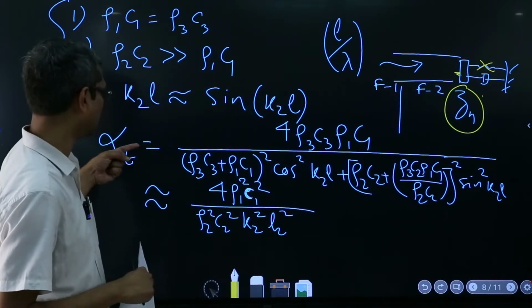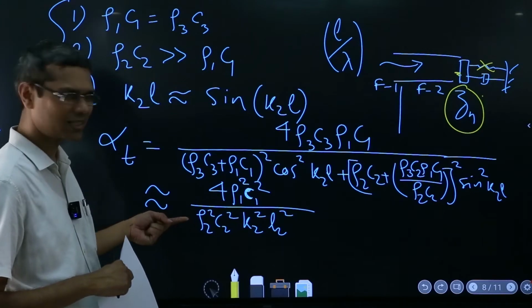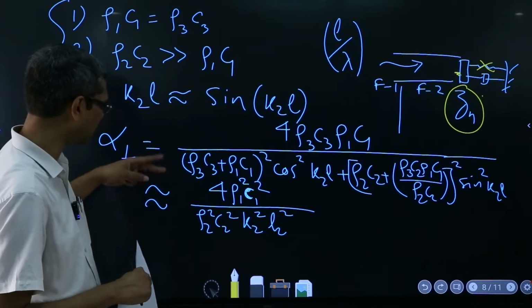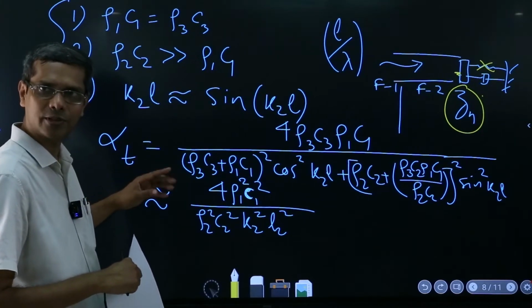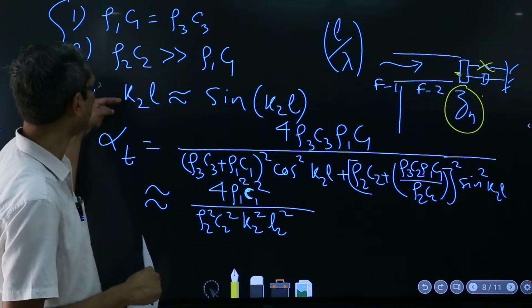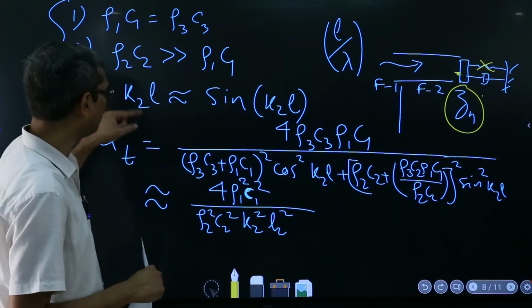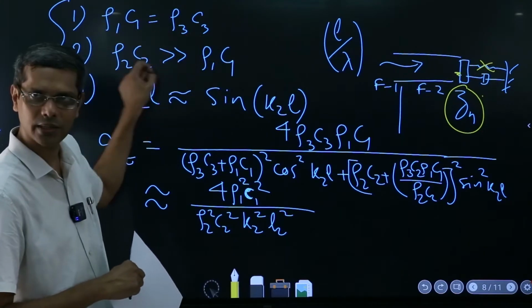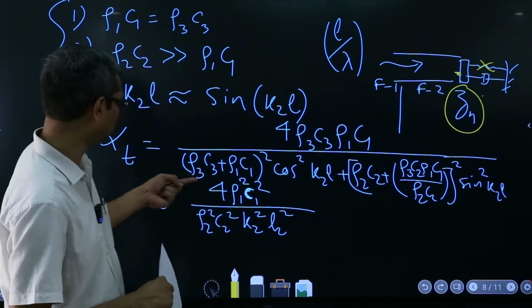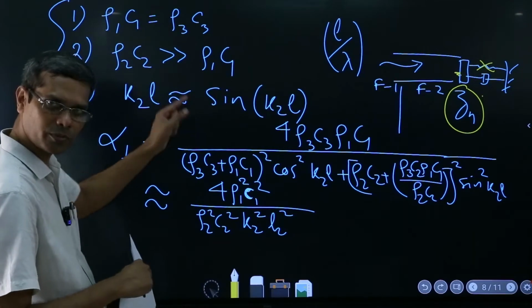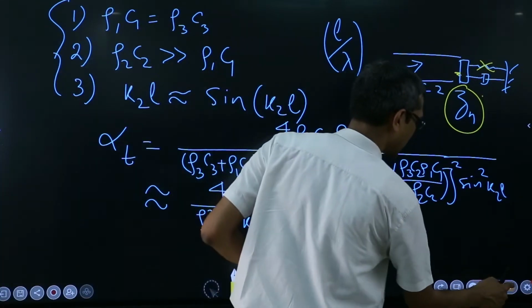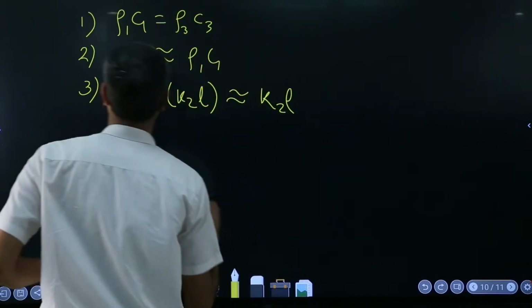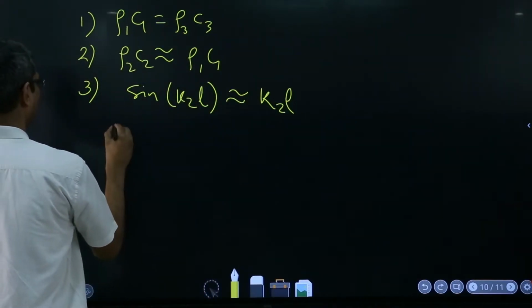I just wrote it by skipping two levels of approximation. Because now this term is not there, it is changing, so we have to write an intermediate step.